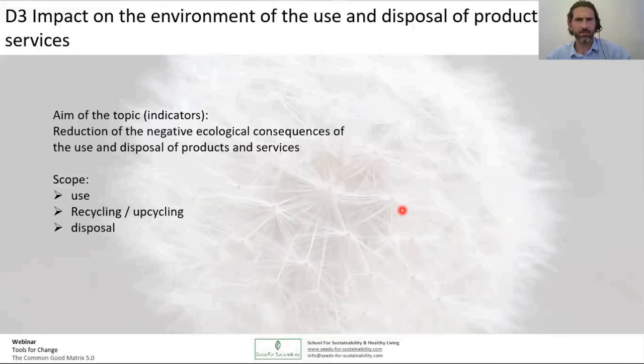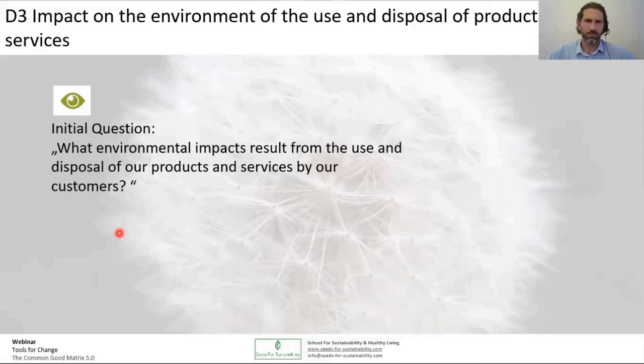Here in this specific indicator or topic, so to say, we look at the use, the recycling, and the disposal, basically, of my products and services. So when I want to start writing my report, or me as a business want to know what this is about, I have to ask first one question.